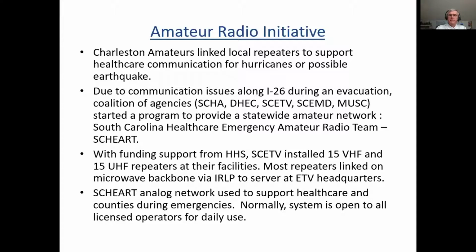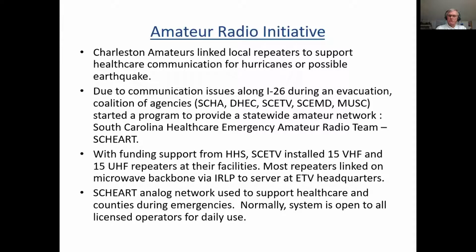With funding from the Department of Health and Human Services, Educational Television installed 15 VHF and 15 UHF repeaters at their facilities, with most of these repeaters linked on the state microwave backbone to an IRLP server at ETV headquarters.